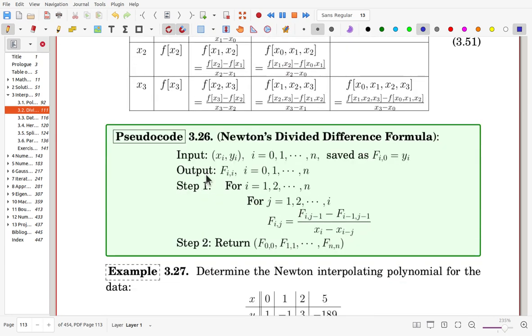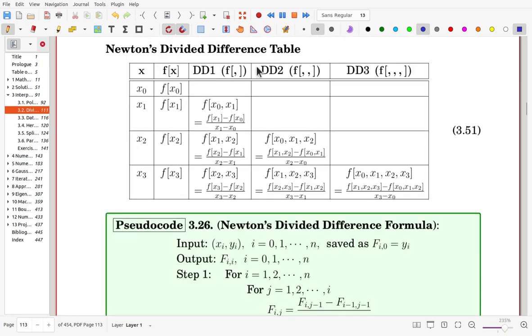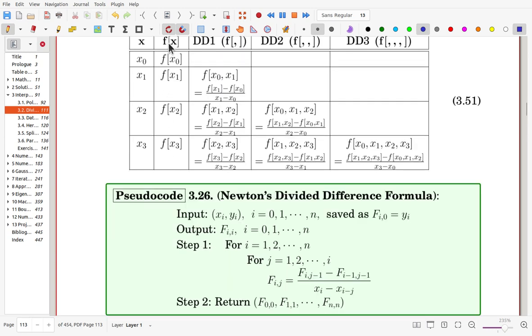Here is the pseudocode for the construction of the divided difference table. The input is xi, yi, so for the f array, this portion we save separately, and from this one comes the f matrix. Column zero includes the y values.